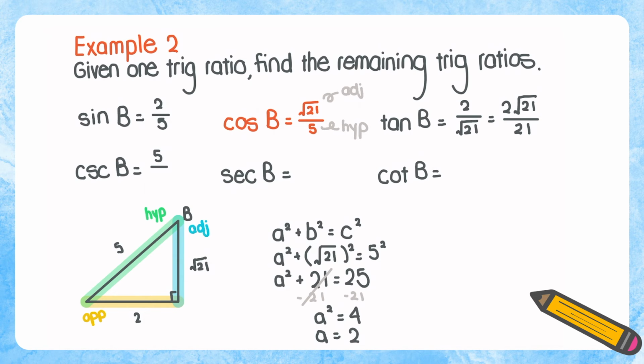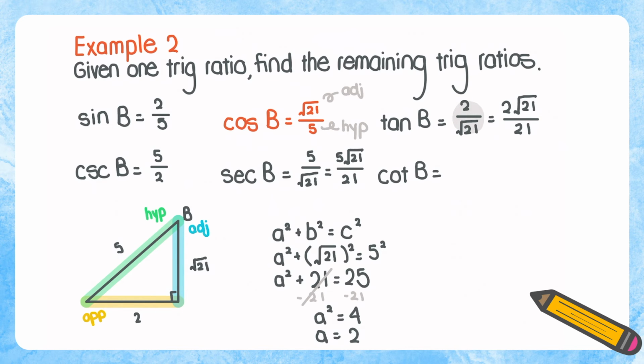Cosecant of b is just the reciprocal of sine of b. And secant of b is the reciprocal of cosine of b. We have to rationalize the denominator, so 5 times radical 21 over 21. Lastly, cotangent of b is the reciprocal of tangent of b.